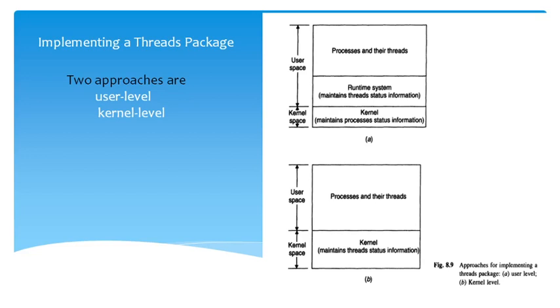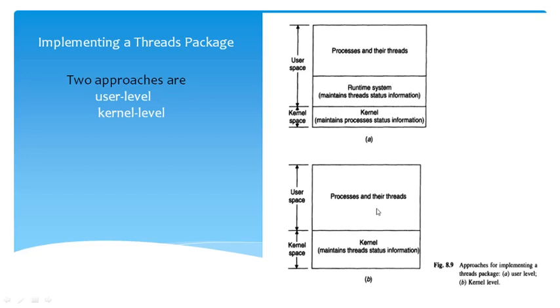The next approach is the kernel level approach. There is no runtime system environment here, and the threads are managed by the kernel itself. Therefore the threads status information table is maintained in the kernel itself, and all the calls which will block a thread are implemented as system calls. Even when a thread blocks, the kernel selects another thread to be run.